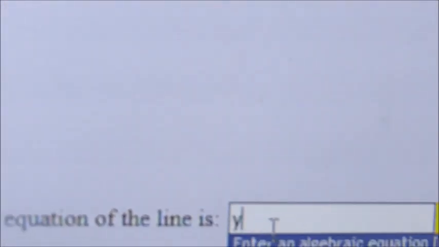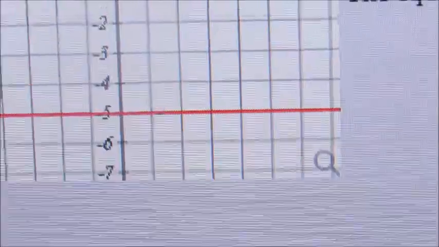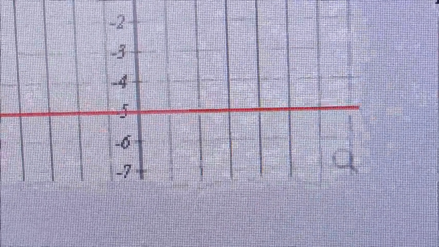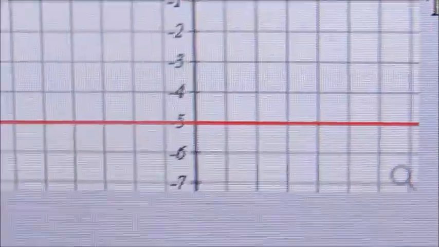Okay, this question actually has a few. So here, what do we see? Okay, first I'm going to put the y equals, just to make it easy. Okay, so y equals. And we see that it's a horizontal line. So what did we say about those? It means there's 0x, so we don't need to put any x on there because our slope is 0, and we're just going to put -5.